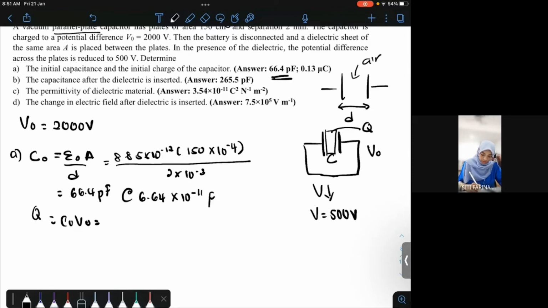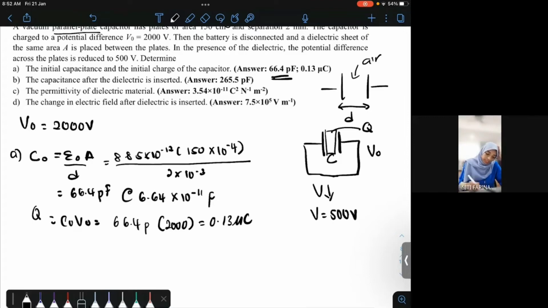C0 adalah nilai yang kamu baru dapat, 66.4 pico darab dengan V0 adalah 2000. So you're going to get 0.13 microcoulomb ataupun 1.33 eksponen negatif 7 coulomb.